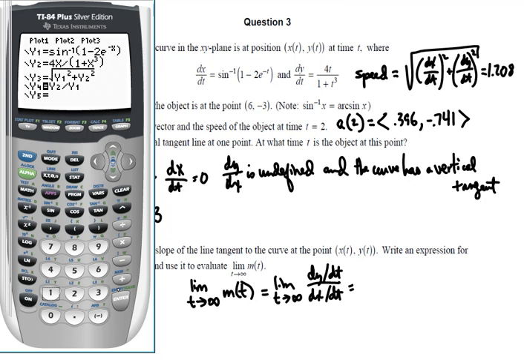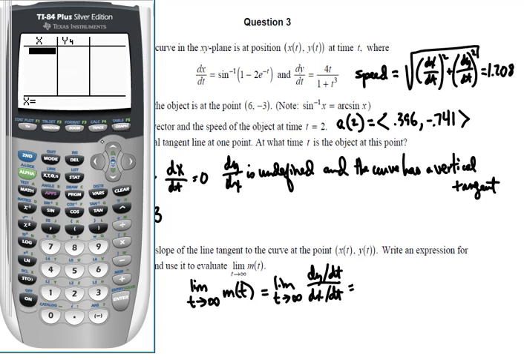What I want to do with that is to see what happens as t, or in this case x, becomes infinitely large. The way I'm going to do that is go into table set and set my independent variable to ask, and then go to table, and try larger and larger values of x.